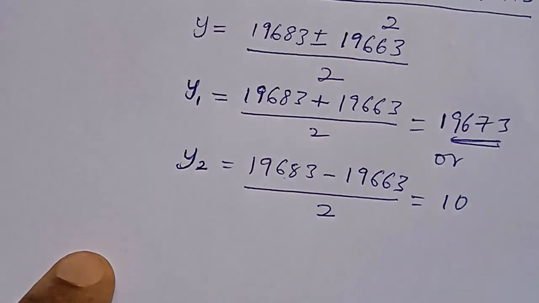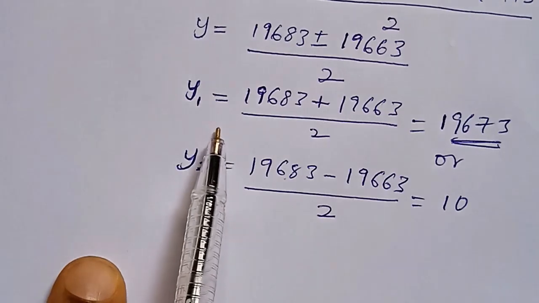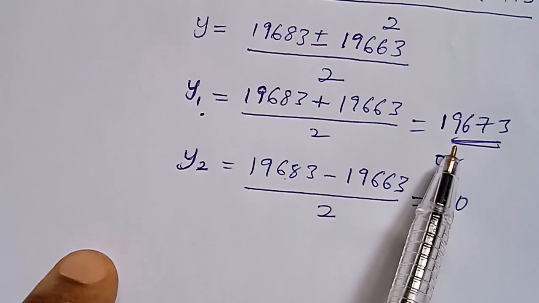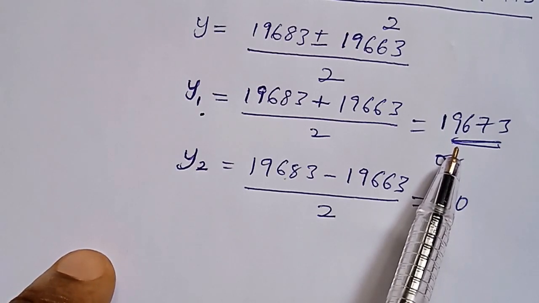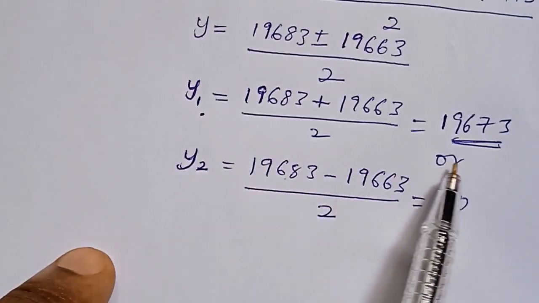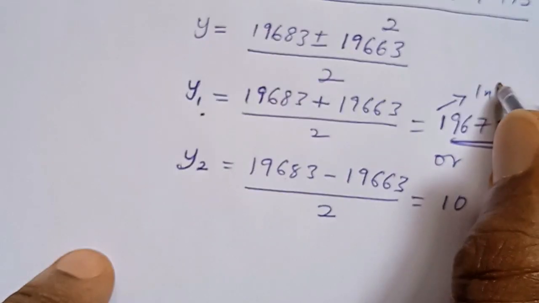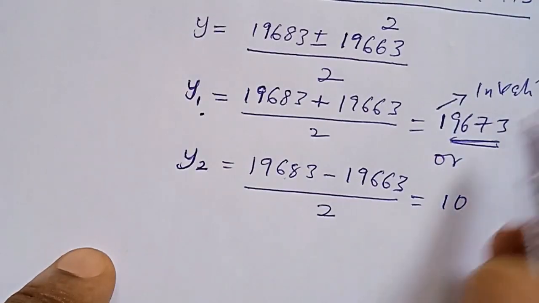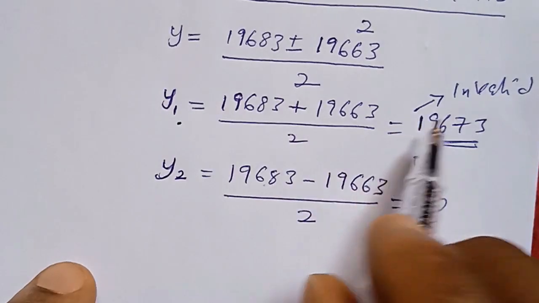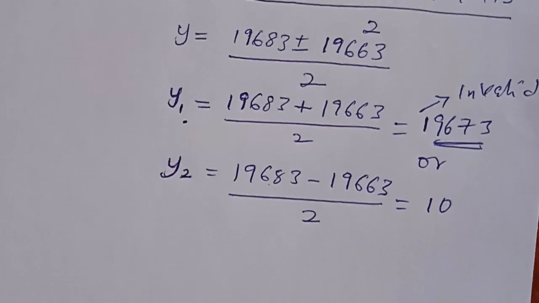Okay, these are the two possible values of y, but mind you, the value of y, that is y1, is too large, so it will not be considered because it will be invalid to be taken as the value of y. So it is too large, invalid. So we are not going to make use of this value as our value of y because of how large it is.